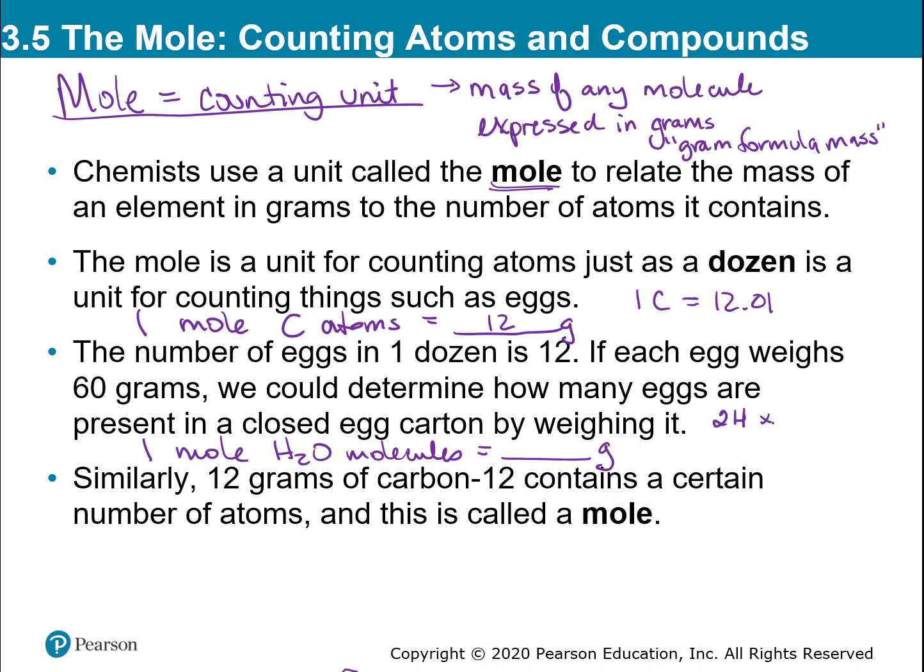So each hydrogen would weigh 1 gram. That means that's 2 grams. Then I have 1 oxygen. What would its mass be? 16 grams in a mole. And so that would be 16. Now you just add them up. It's just the mass of each of the atoms in the formula expressed in grams.